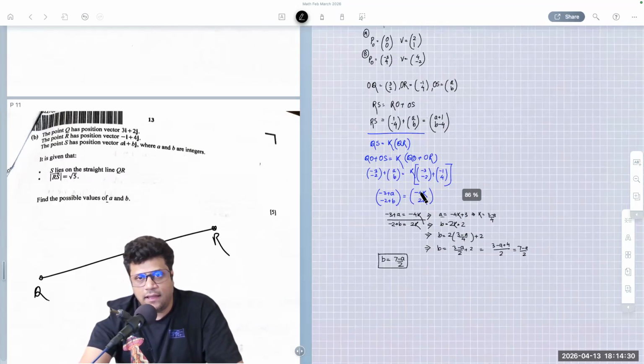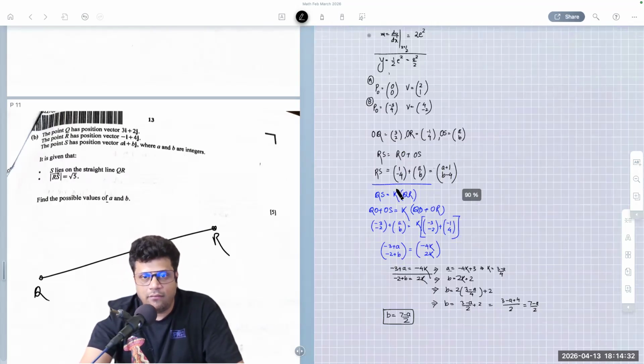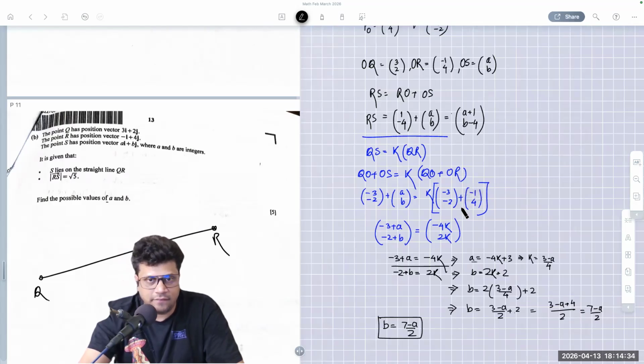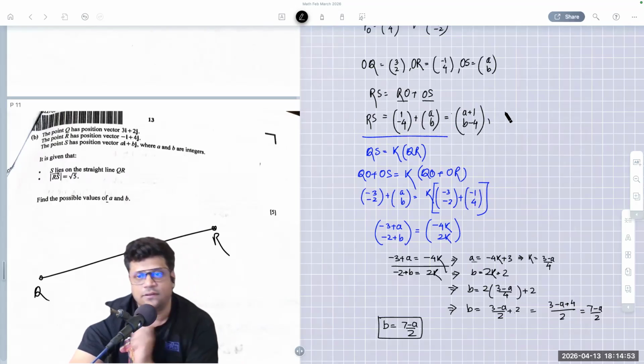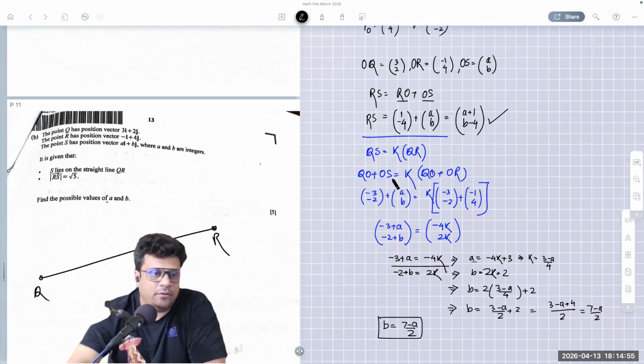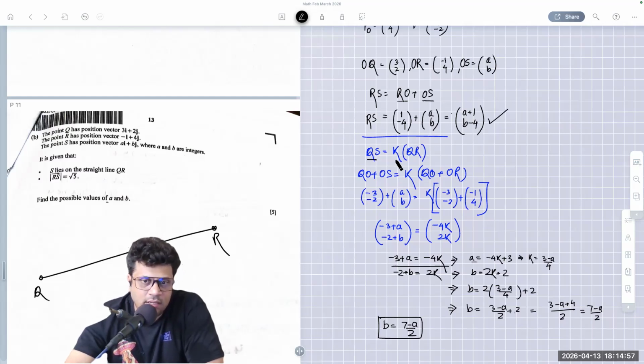The thing is, I actually want to check my answer for once. I just don't want to correct it all the way up. RS is RO plus OS: (1, -4) plus (A, B), so (A+1, B-4). That is correct. And I know that QS is some fraction of QR.